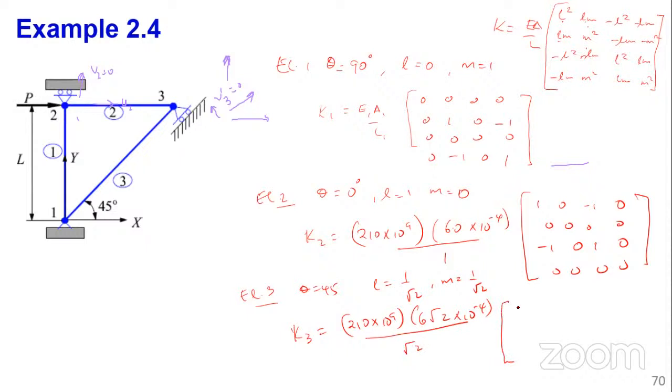This comes to how much? Oh, this one is a bit tedious. 0.5, 0.5, 0.5, 0.5. Remember, this one I'm giving you in the simplified form. To get there, maybe you may need to do a few steps. Here is minus 0.5. Here is minus 0.5.